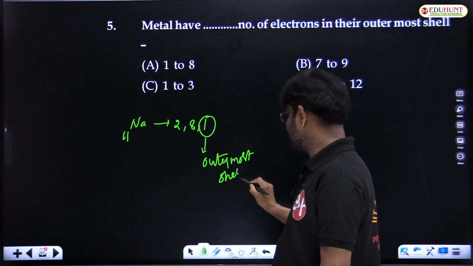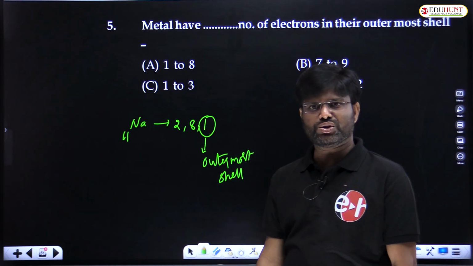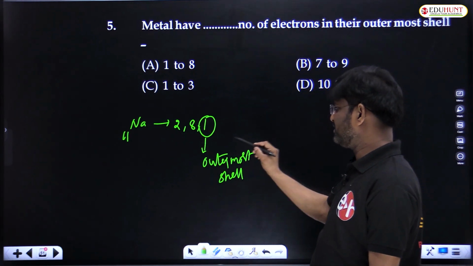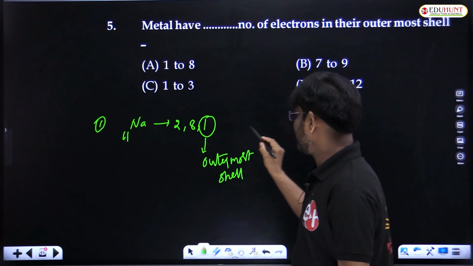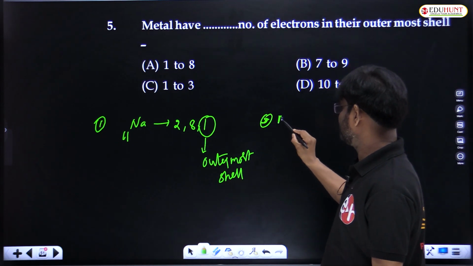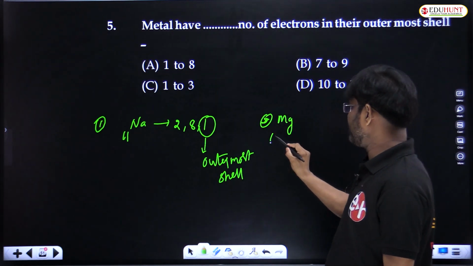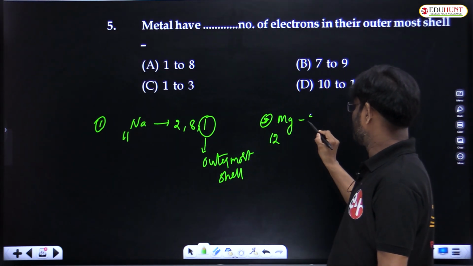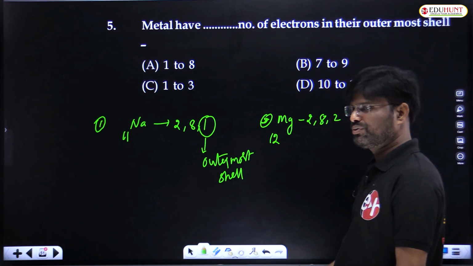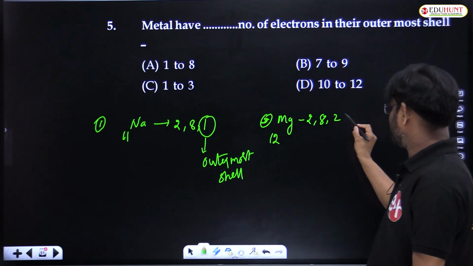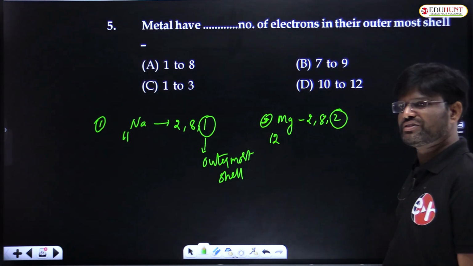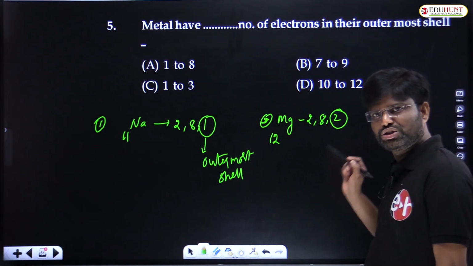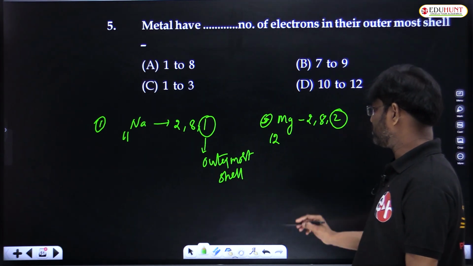The outermost shell has one electron in sodium. Second, magnesium, atomic number 12, 2,8,2. In the outermost shell, the valence shell, 2 electrons are present.